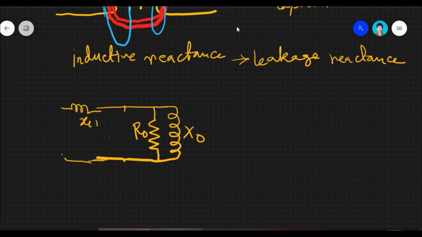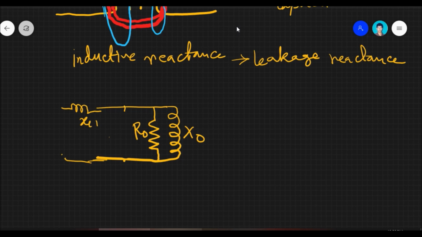See what is happening here in case of leakage reactance. When you have a leakage, your flux that is produced by the primary winding cannot link with the secondary and vice versa.